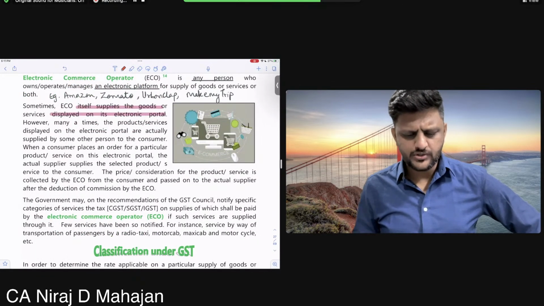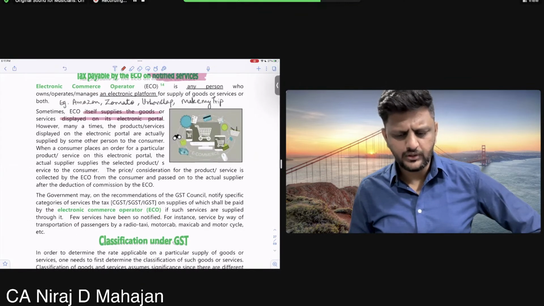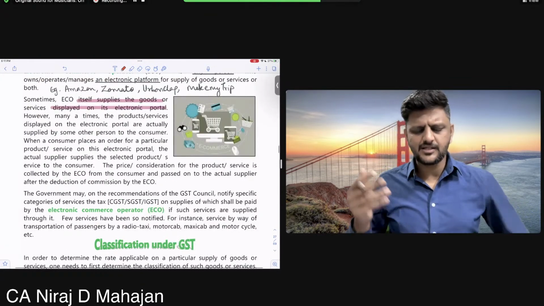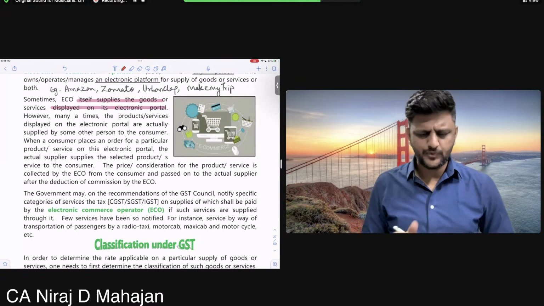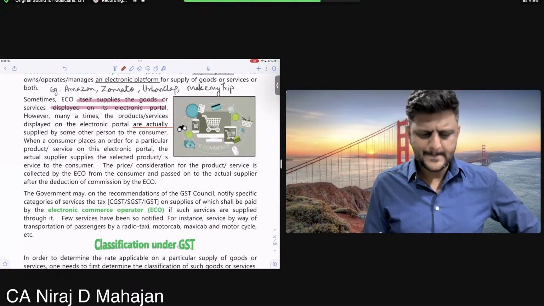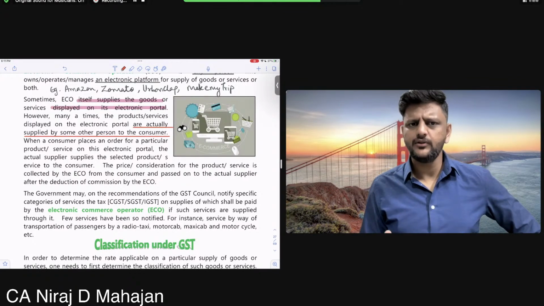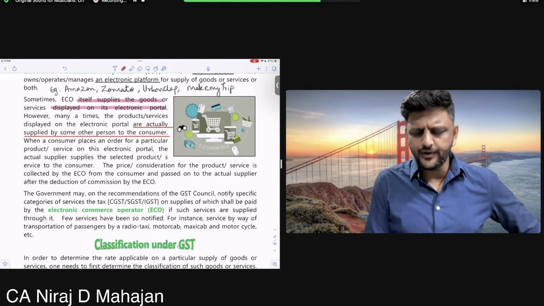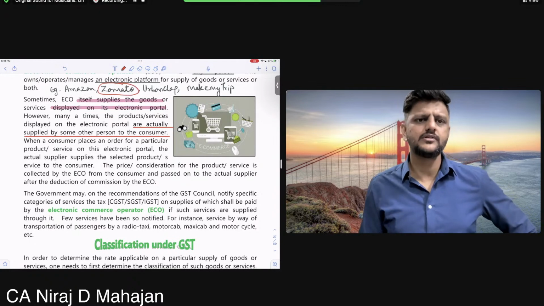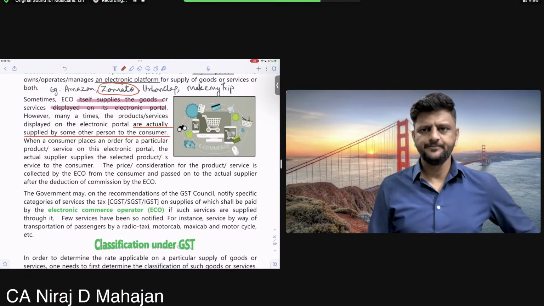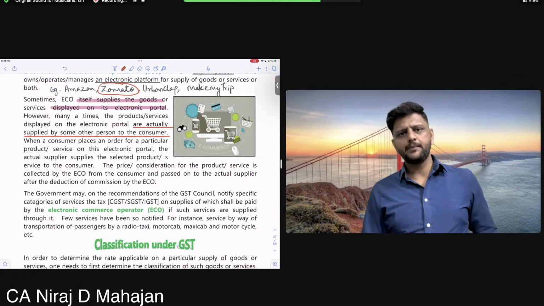However, many times the products or services displayed on the electronic portal are actually supplied by some other person to the consumer. No problem about that. Take Zomato: when you order, Zomato is not giving you the service of food; it is just doing pickup and delivery.